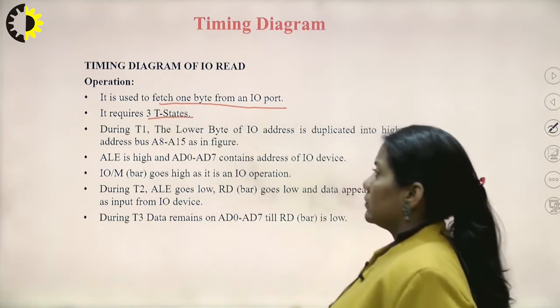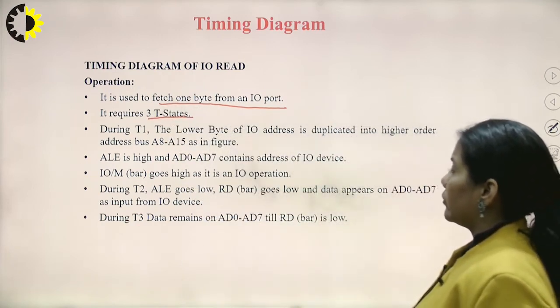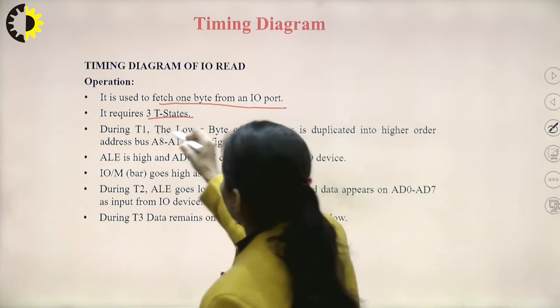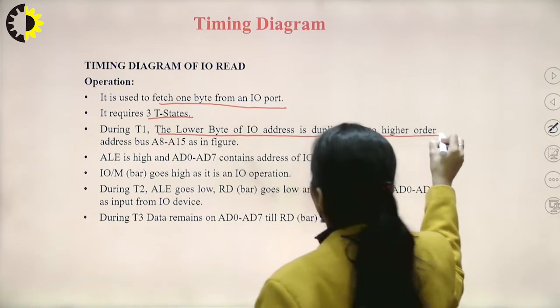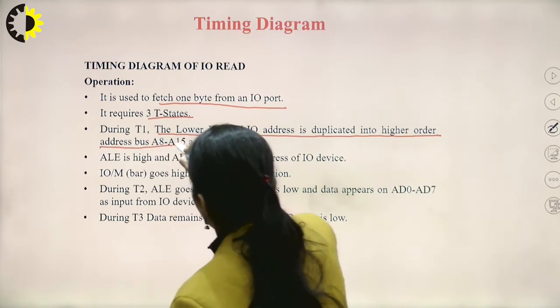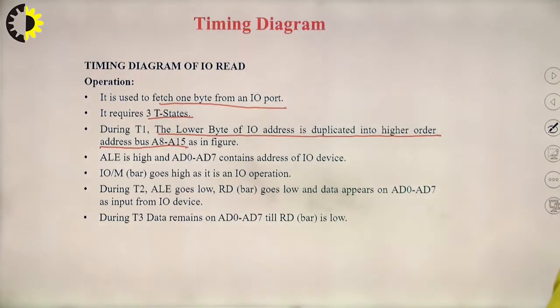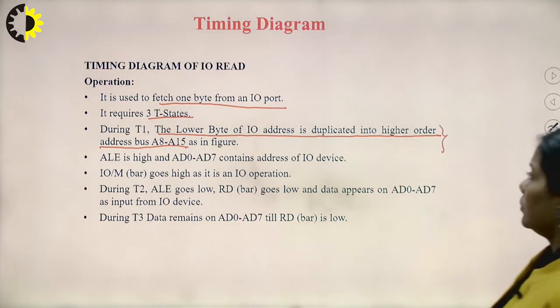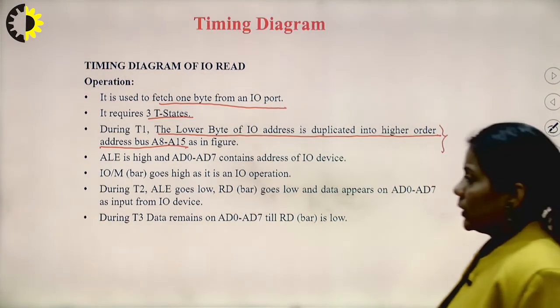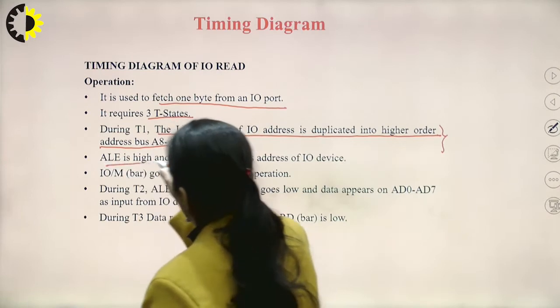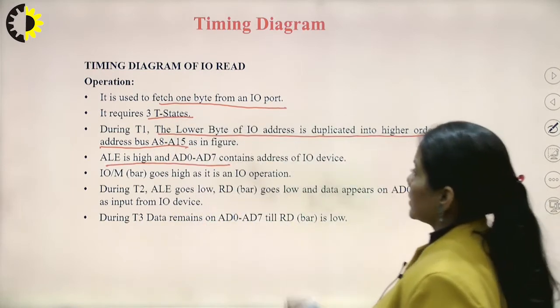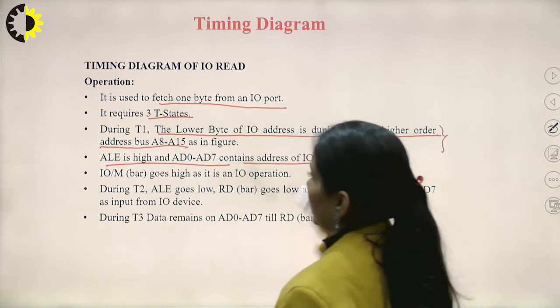During T1, the lower byte of the input output address is duplicated into the higher order address bus A8 to A15. This is an important point, we have to notice it. ALE is high and AD0 to AD7 contains the address of the input output device.